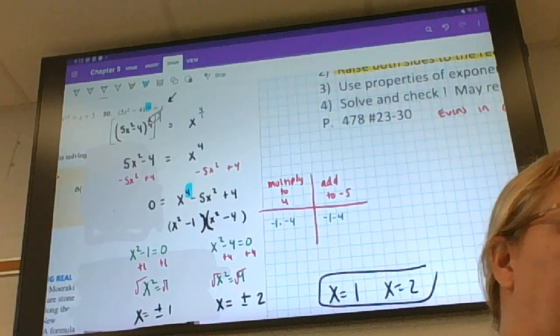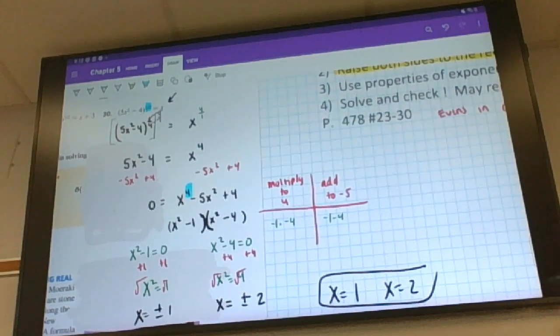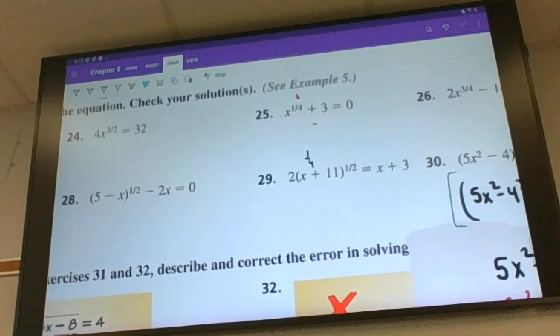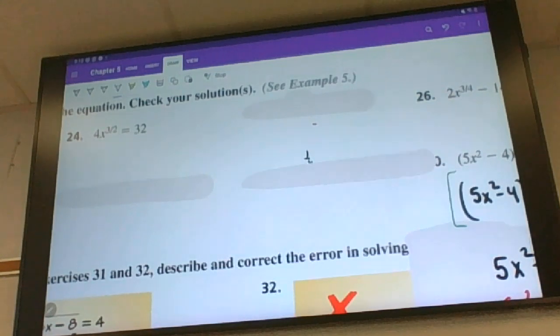Alright, now I'm going to go back up to 24 and do a shorter problem. This was the last problem, it's the longest, it's tricky, it's 4th degree. So now I'm going to go back and do 24. In 2 minutes. The main thing I want to show you is that this 4 is separate from the exponent.